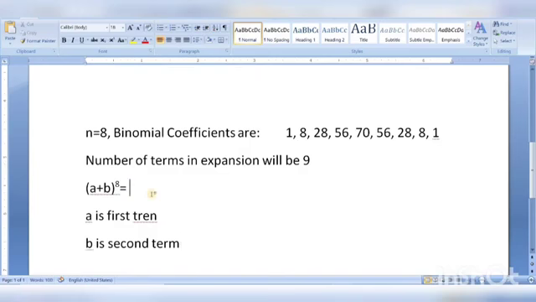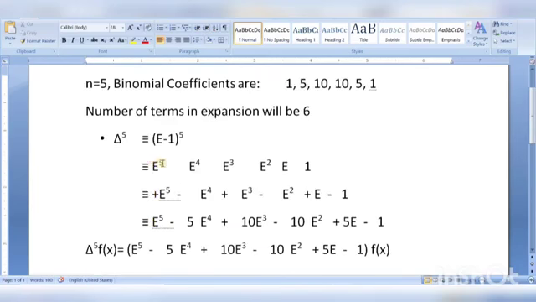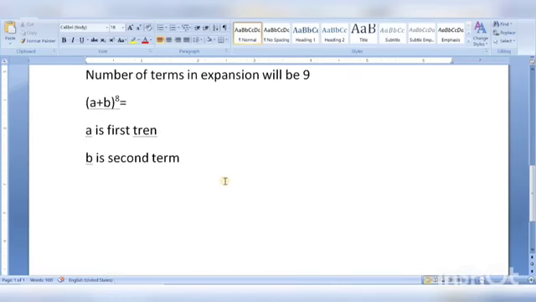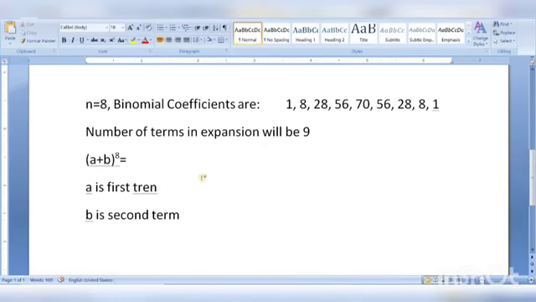The first thing is that we have written all this in decreasing order. Why only A? Because powers of 1 are 1, so we have not considered powers of 1. But as these are two different terms, we will consider powers of A as well as powers of B. Let me write it. Now the maximum value of n is 8, so the first term will be A raised to 8, and then B raised to 0.